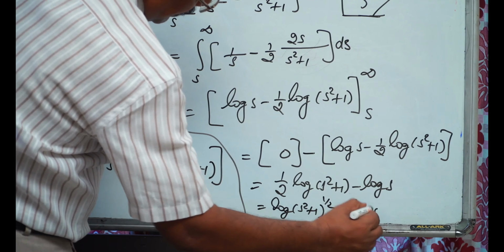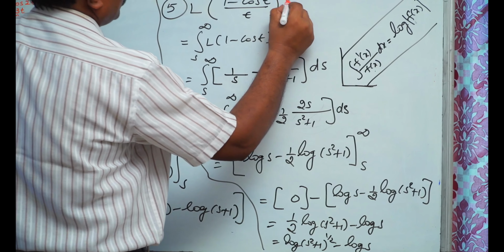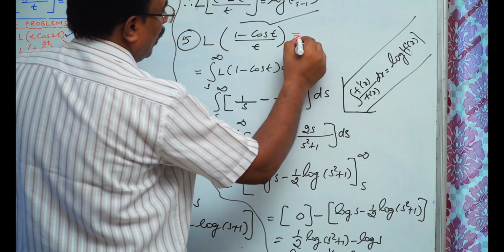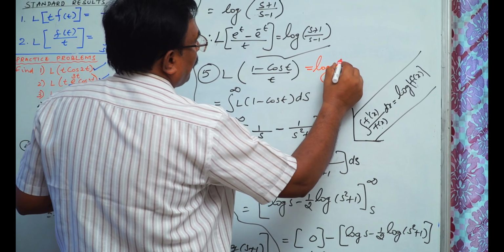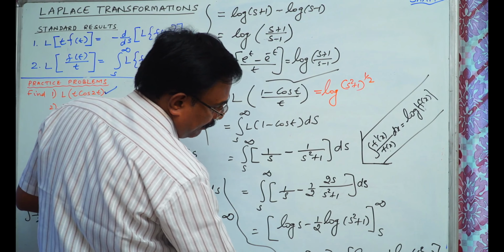So, I can write the final answer for question number 5 as log of (s square plus 1) whole power 1 by 2 on the numerator. Because of this minus I can put s on the downside. So, this is the answer, and further for power 1 by 2 you can put root of s square plus 1. Thank you.